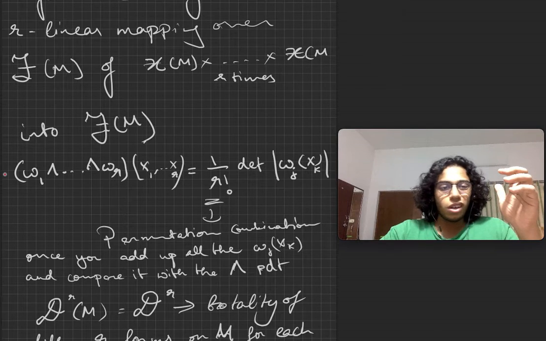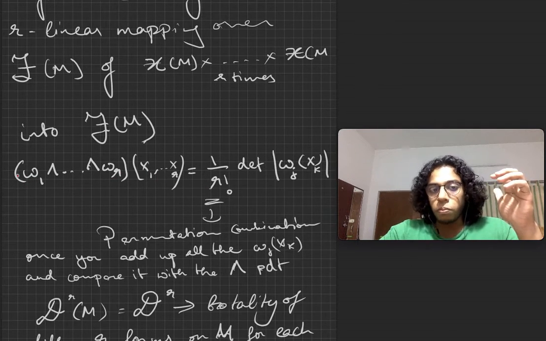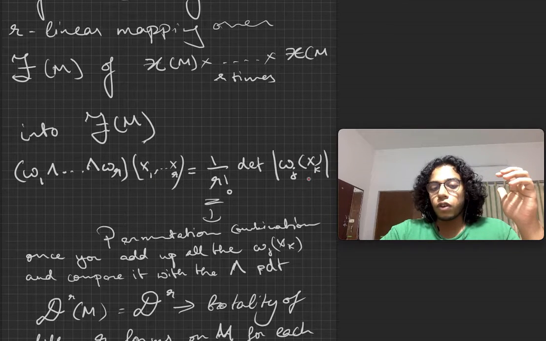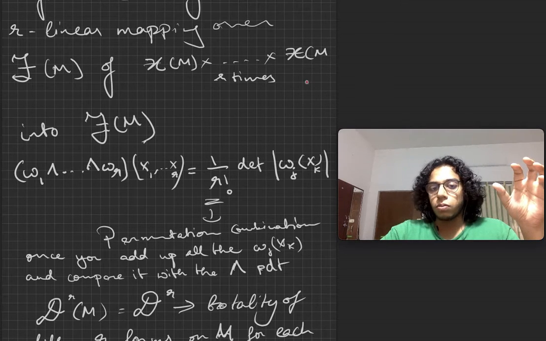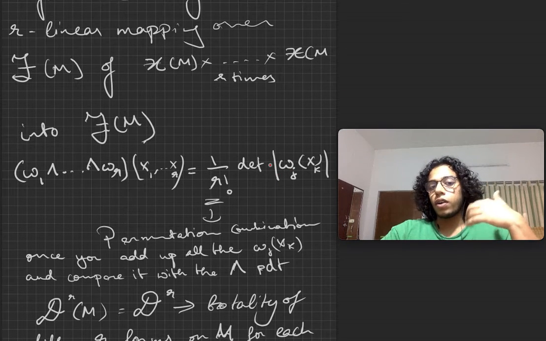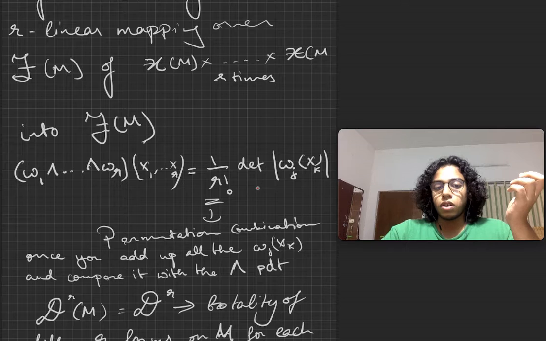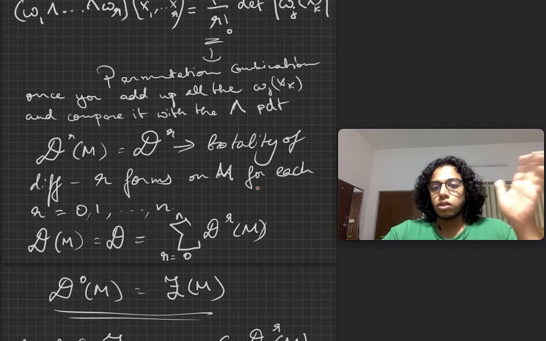If you look at this, it's basically telling you that if you take the wedge product in one particular fashion, you have a repetition of r factorial times when you take the determinant of this particular matrix. So when you represent all this in a matrix and take the determinant, you have a scaling of r factorial times. Okay, so this is just what it is saying.